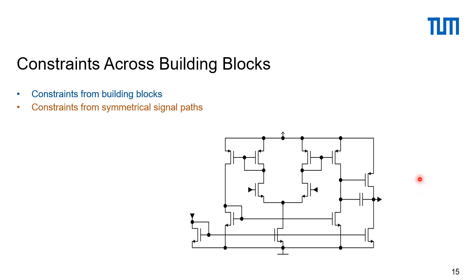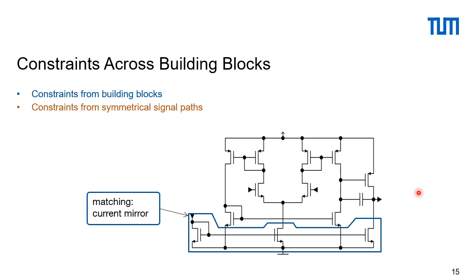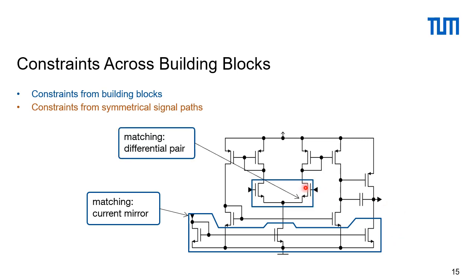Let's look at an example here. Down here we have a current mirror bank, and as we have seen before, there are matching constraints for this building block. Then we have a differential pair here. We also have matching within that building block, right? Both these constraint types are for building blocks and within the building block.